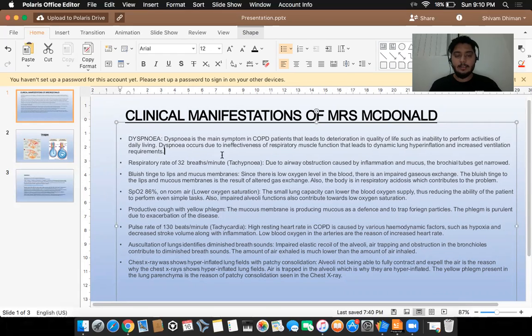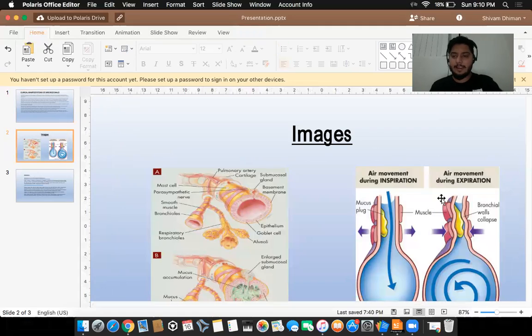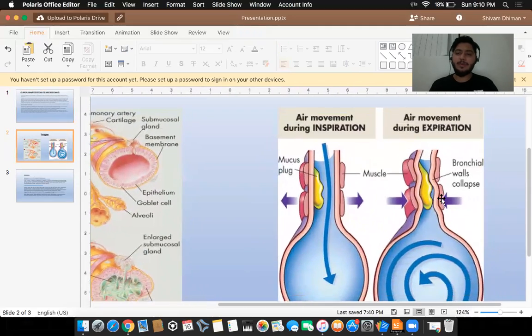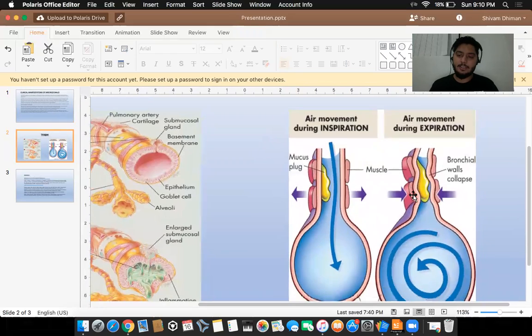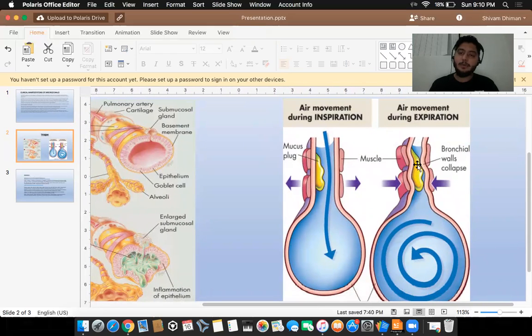Dyspnea occurs due to ineffectiveness of respiratory muscle function that leads to dynamic lung hyperinflation and increased ventilation requirements. It is a pretty technical thing, so it would be better if I explain it here. Each and every clinical manifestation can be correlated with this particular diagram. The air movement during inspiration is seen. These are the bronchial walls.